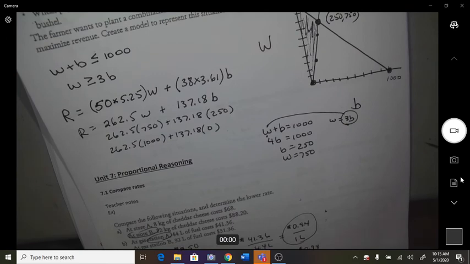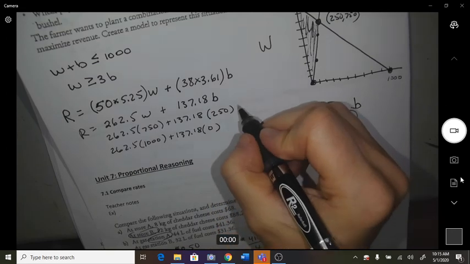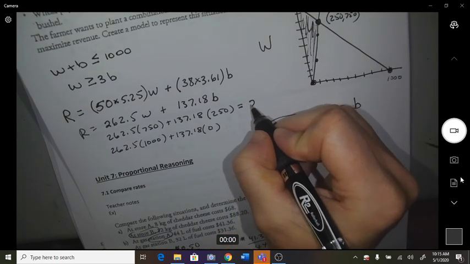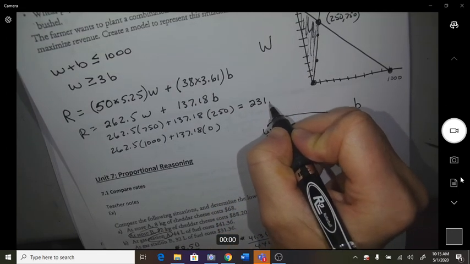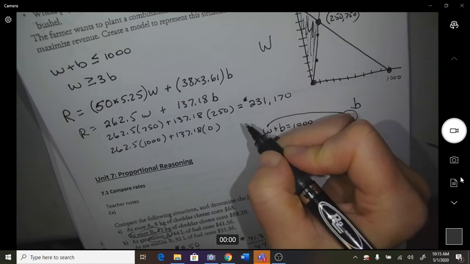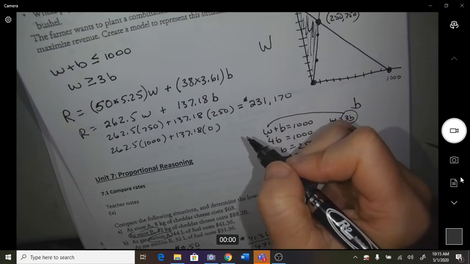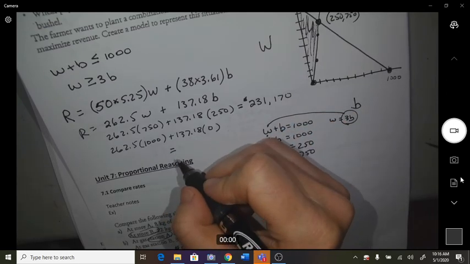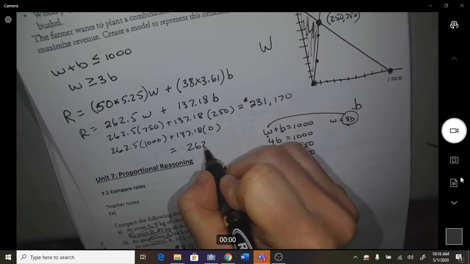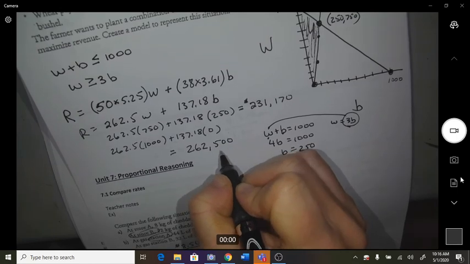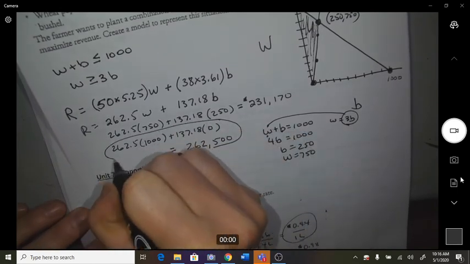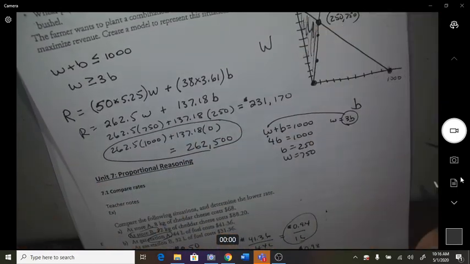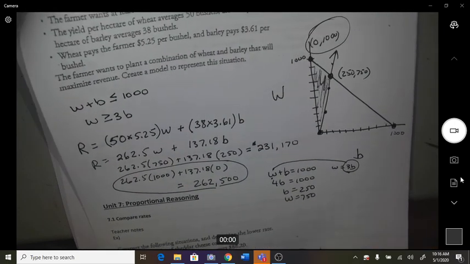Okay, so 750, 250 will produce 231,170. And then the second one here would produce 262,500. So this one will maximize revenue. So don't plant any barley.